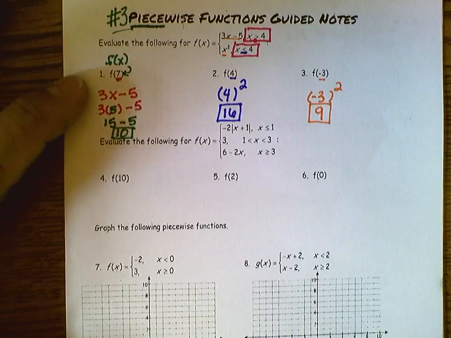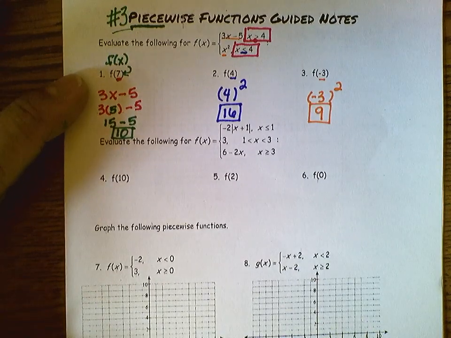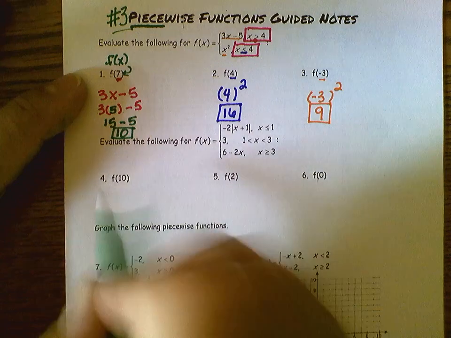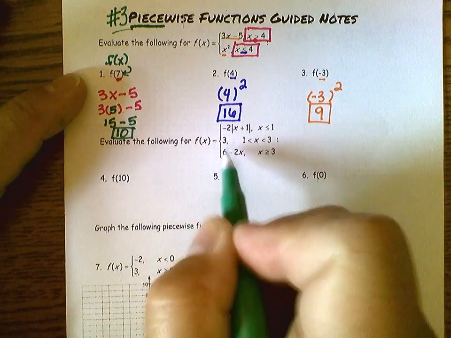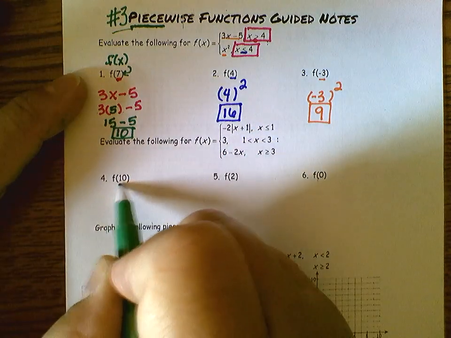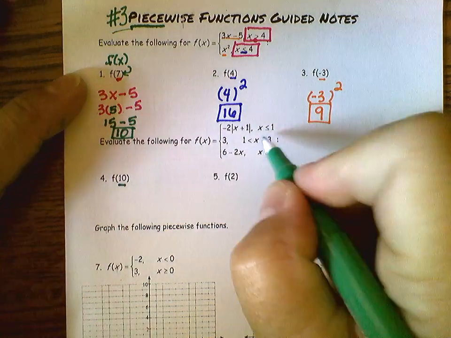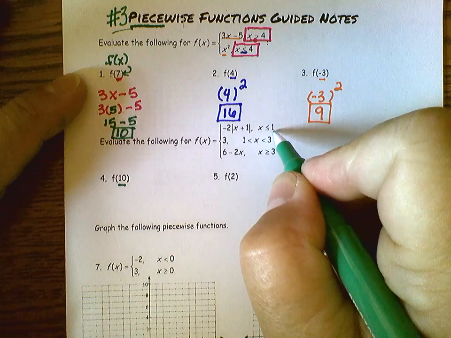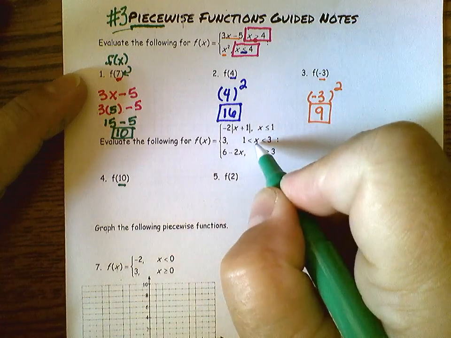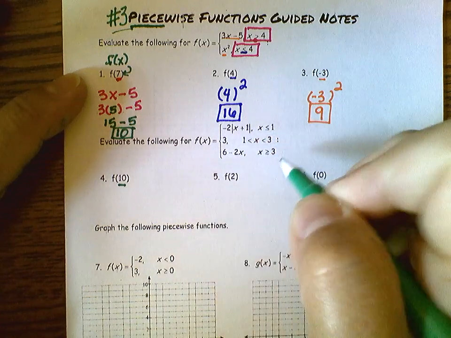All right, so let's look at this one. Here we have 3 pieces that we have to look at. This is number 4, looking for when x is equal to 10. So is 10 less than or equal to 1? No. Is 10 between 1 and 3?